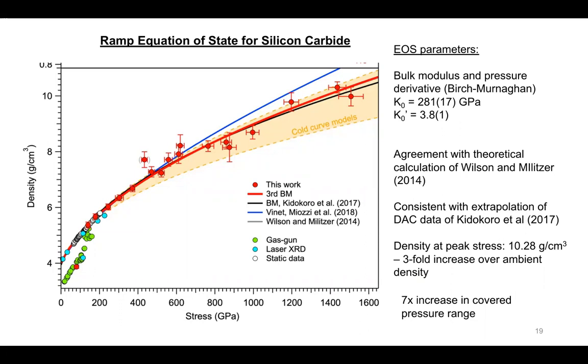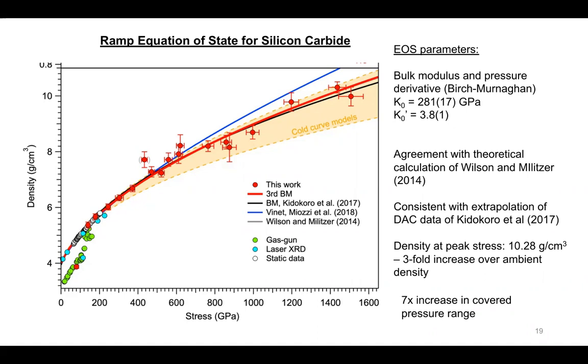We get a bulk modulus of about 280 gigapascals and a pressure derivative of 3.8. Our results are actually in very good agreement with 0 Kelvin theoretical calculations of Wilson and Militzer from a few years back. The agreement is so good that you actually can't see the Wilson and Militzer line here. It's completely underneath our red line. It's very good agreement between theory and experiment.